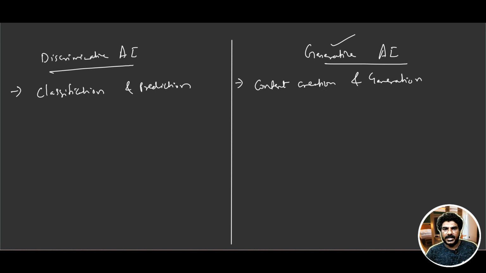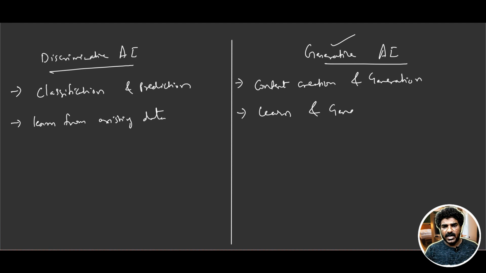It will create new content altogether. The goal for discriminative AI is learning from existing data; based on it, it will do classification and try to predict future outcomes. The goal for generative AI is to learn the relationships or patterns in the data and entirely generate new data or new content.